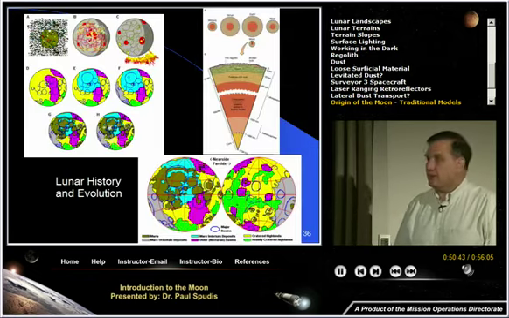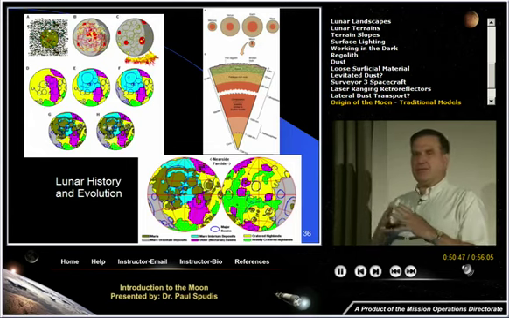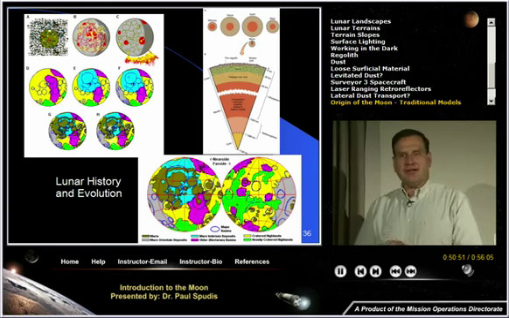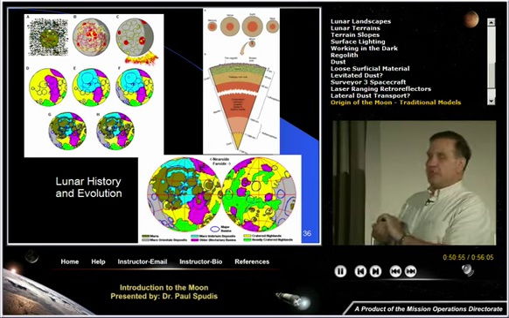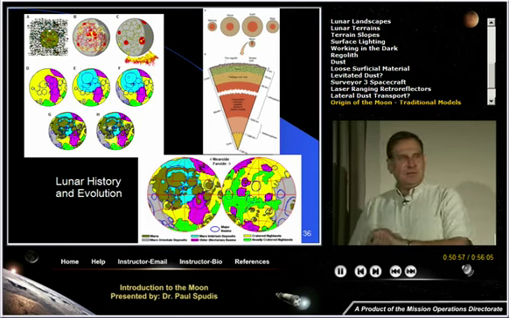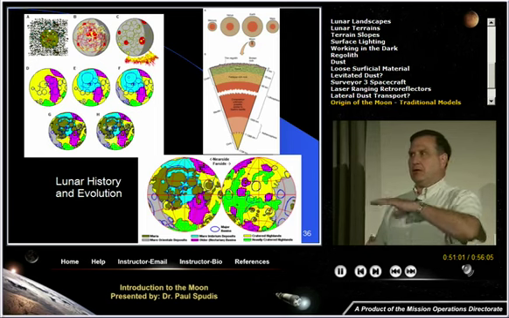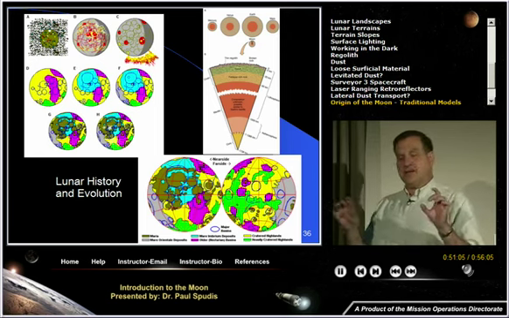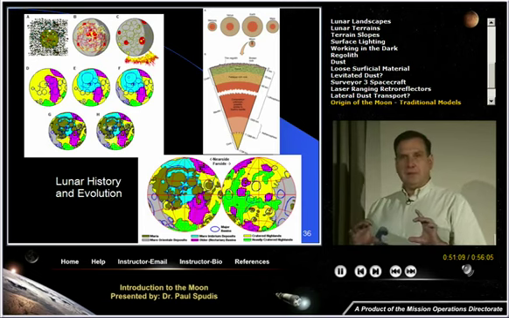Now right after the moon formed, it accreted so rapidly, from very small objects that were already in Earth orbit, that it released a large amount of thermal energy and completely melted the moon, forming what we call the magma ocean. Then in the magma ocean, low-density minerals floated to the top, and high-density minerals sank. What that meant was you got a crust that was rich in low-density calcium aluminum feldspar, and the mantle, which was later melted to form the Mare basalts, was rich in iron and magnesium.